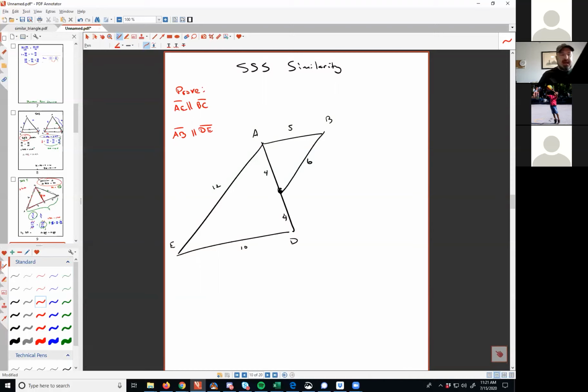What tools do we have with which to prove lines are parallel? Well, we have the SSS similarity, which we can use to prove that these are similar triangles, so they will have the same types of angles.